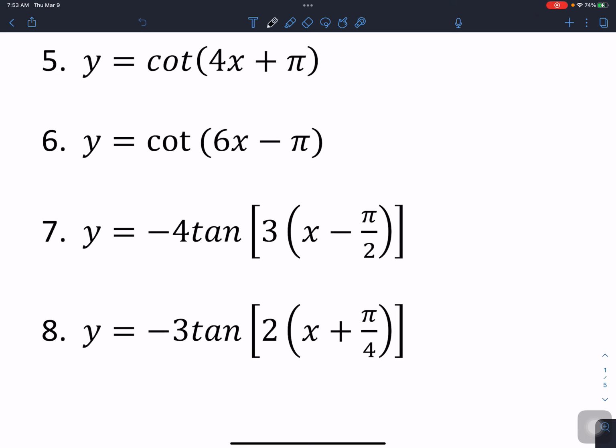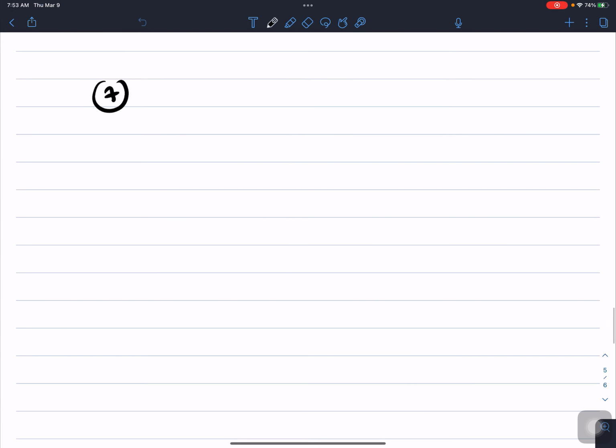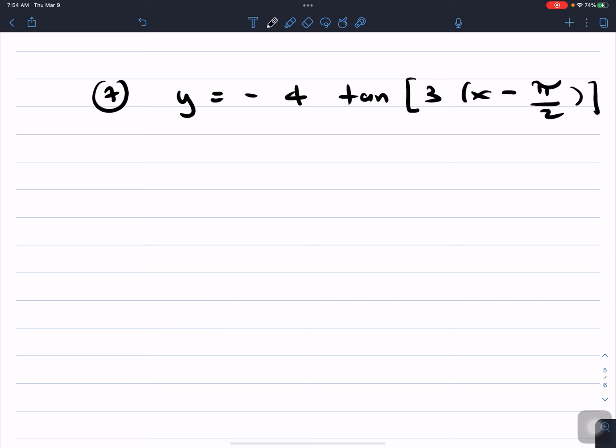All right, anyway. Number 7, y equals -4 tangent of 3 times (x minus pi over 2). Can you guys help me remember? Is that what this was, ladies and gentlemen?